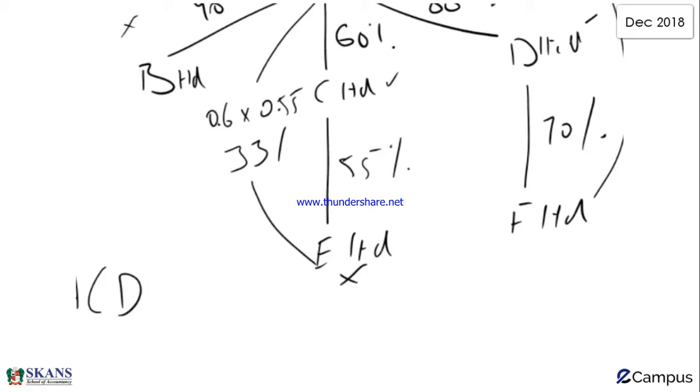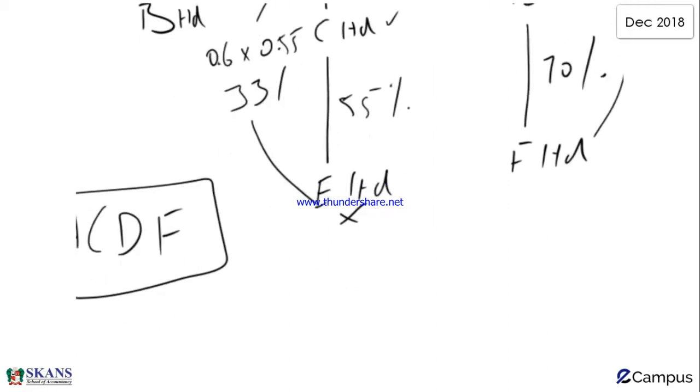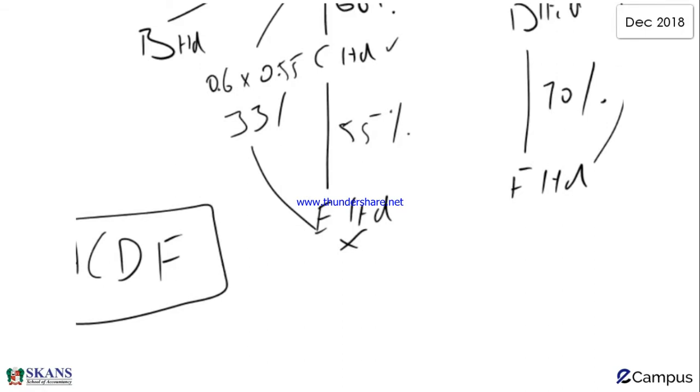Well, for that, it would be 0.8 into 0.7. That is a holding of 56%. So F would be 51% group company, because we own F directly and indirectly, holding at every level.